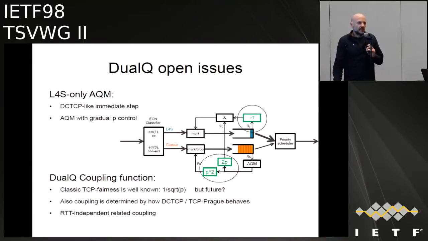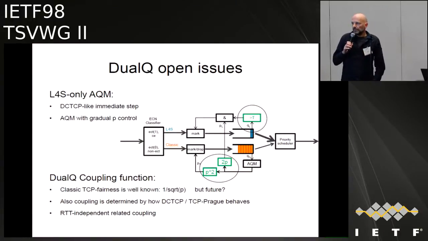The step threshold has the advantage that it's very simple and very immediate. There is no decision or slowing down needed. It might have some disadvantages with on-off behavior, but it depends. So further research is needed there to try what we can do with TCP Prague.